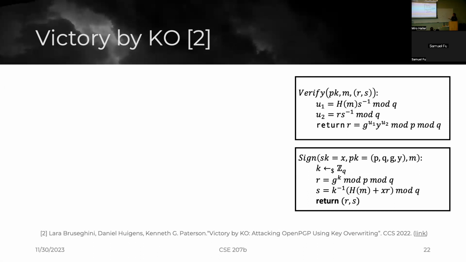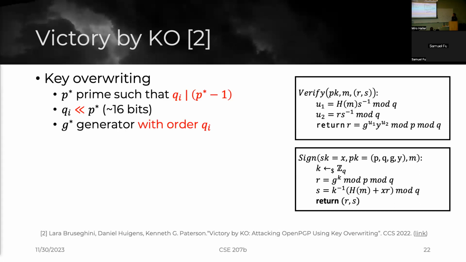So let's recall here the verify and sign operations from DSA. And the way this attack works is basically they pick a prime such that they have an order that's around 16 bits. So you have a subgroup that's not too big but also not too small.